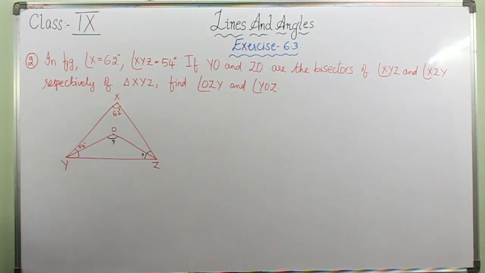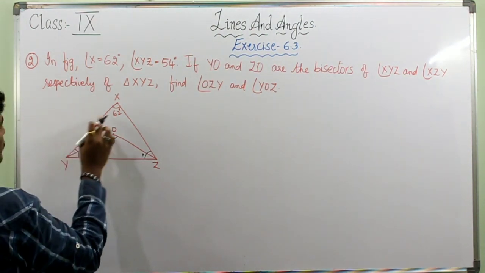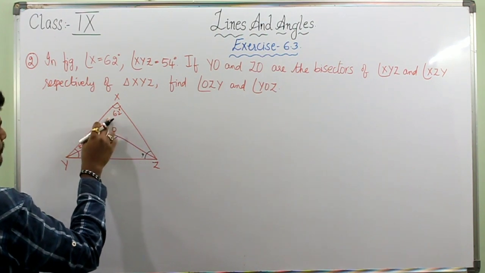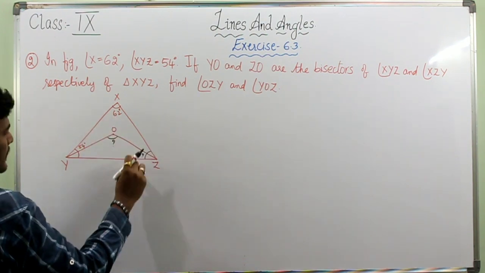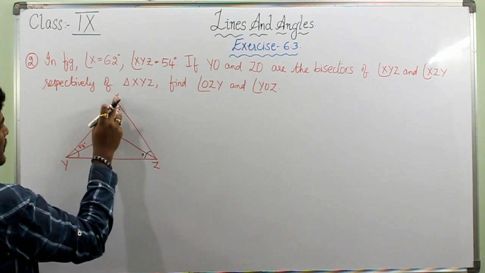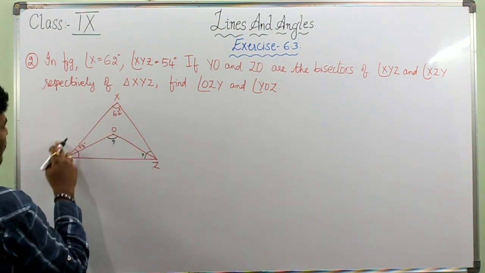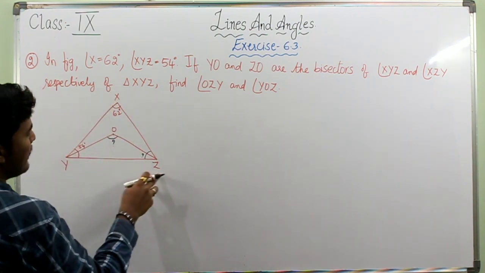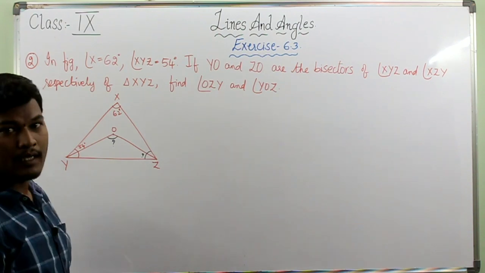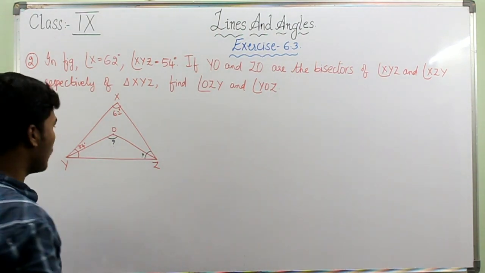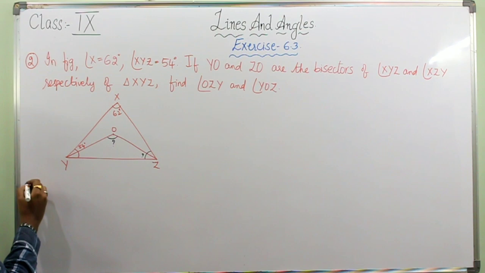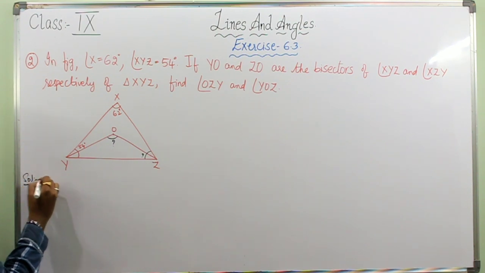Okay, for that, first what we will do is, by using angle sum property, let us find out angle Z first, because I have this X as 62 degrees, Y as 54 degrees, and we can find out angle Z by using angle sum property. Okay, so now let us put the heading as solution.